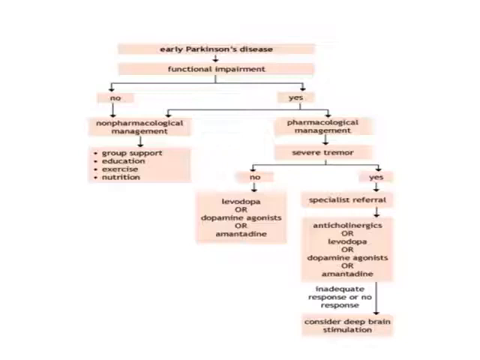So this is to summarize the treatment of Parkinsonism and how to approach treatment. We have to think of the presenting symptoms of the patient, and according to these symptoms we give treatment.